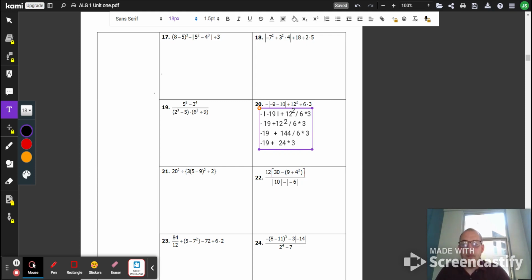So we get 24, and we can keep simplifying this down. Plus sign. 24 times 3 is 72. And then the last step, we just add these up, and we get 53. Awesome. So that concludes what I talked about today.